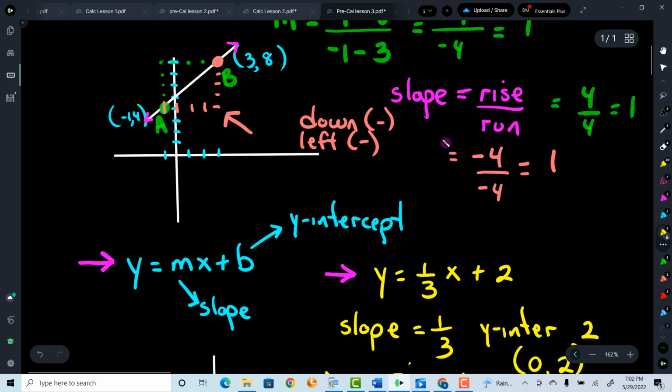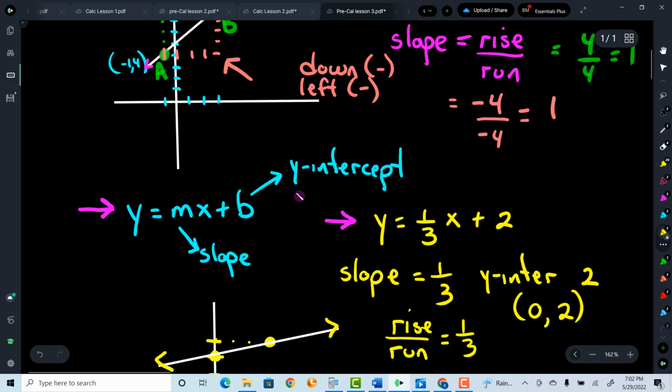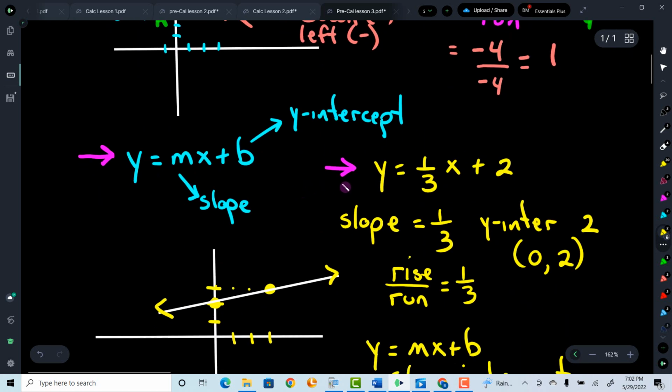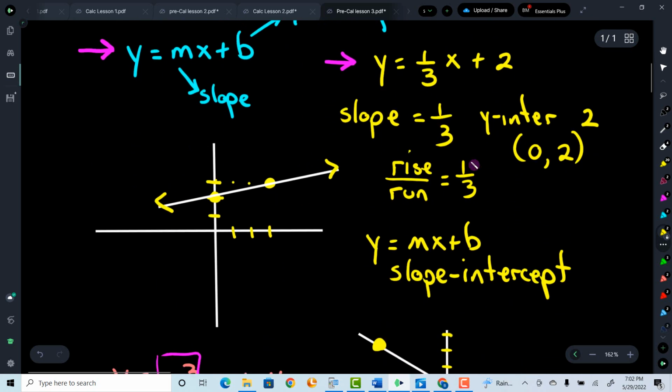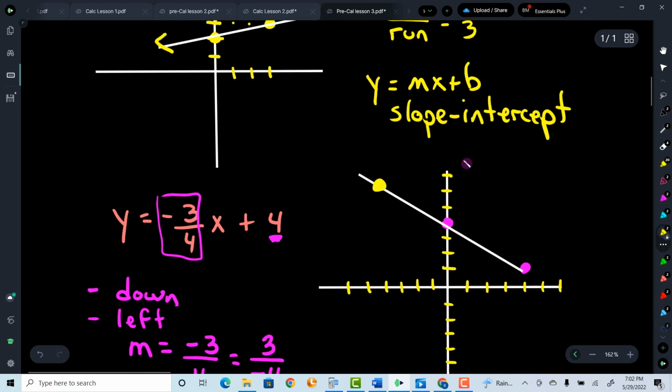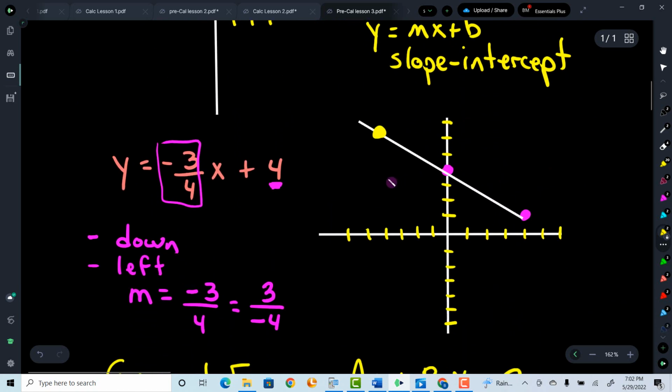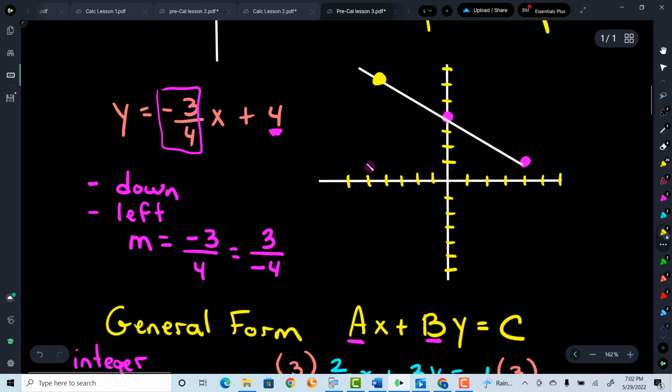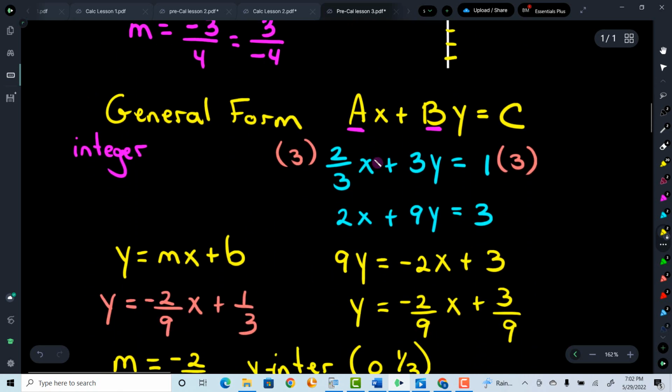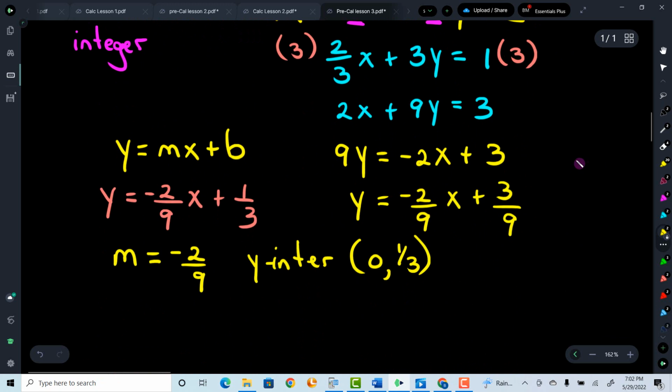And we showed how we can go up and to the right is the same thing as down and to the left. We have the slope-intercept form of our equation, y = mx + b. Right? We can graph the line from that. We showed a slope-intercept equation with a negative slope. We looked at the general form of a linear equation.